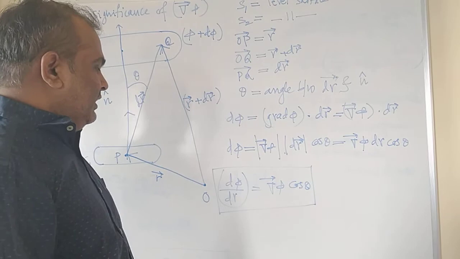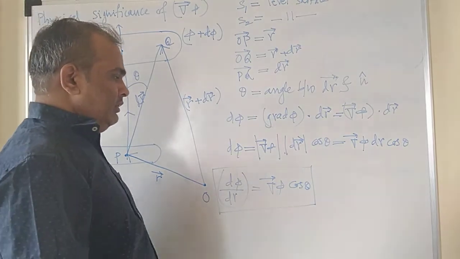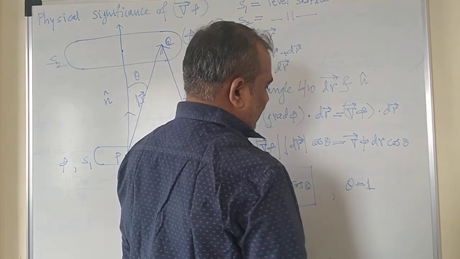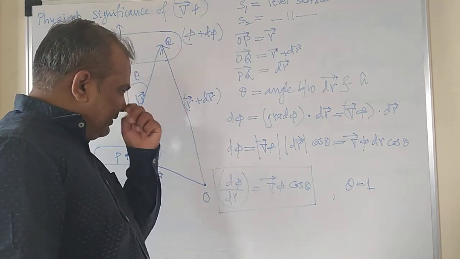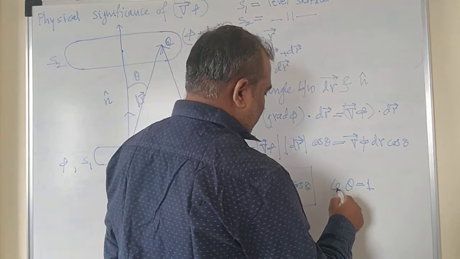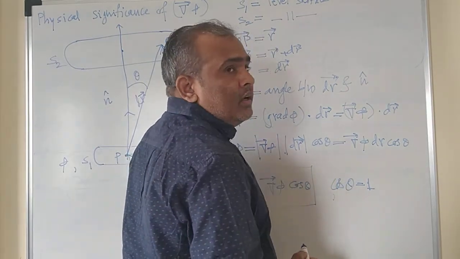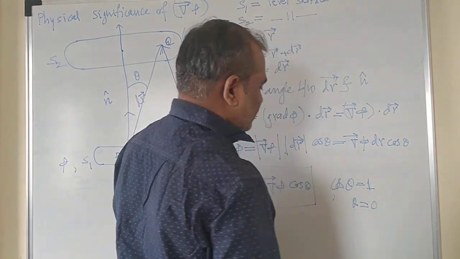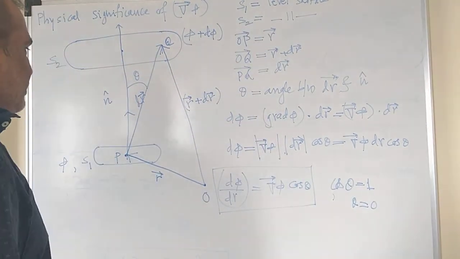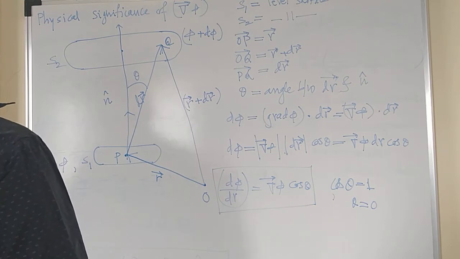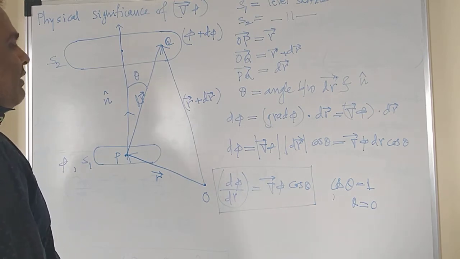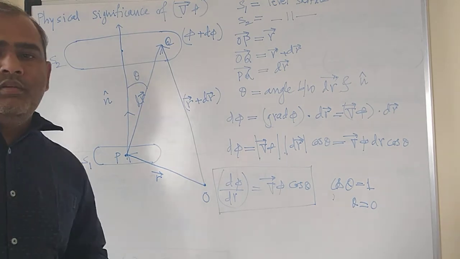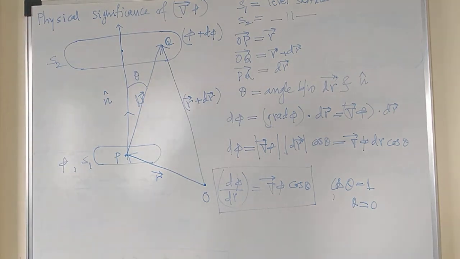This is called the directional derivative, and this will have a maximum value when cos theta is equal to 1, and you will get cos theta equal to 1 when theta is equal to 0, right? So this is the physical significance of grad phi. Hope you have understood this, the physical significance of grad phi, right?